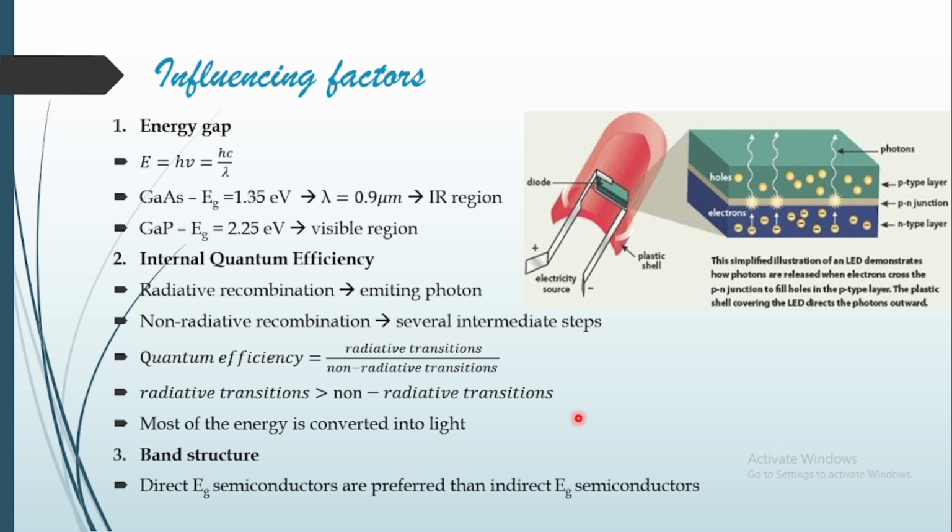Recombination in indirect semiconductors like silicon, germanium, etc. takes place by intervention of phonons, which reduces the transition probability because the phonon is going to provide the extra momentum to reach from the valence band to the conduction band. Thus, direct band gap semiconductors are preferred for semiconductor lamps. These are the most important influencing factors which define the efficiency of a semiconductor lamp.